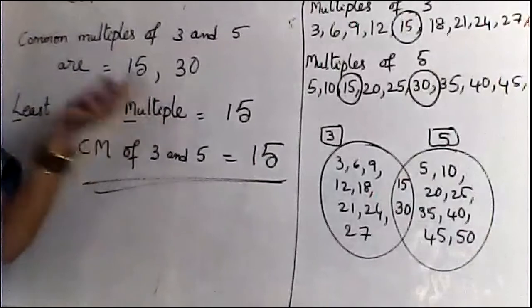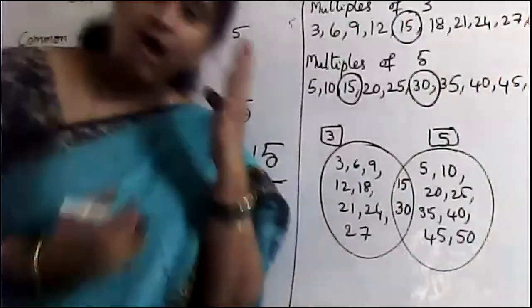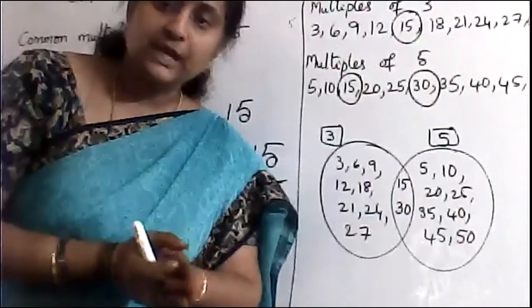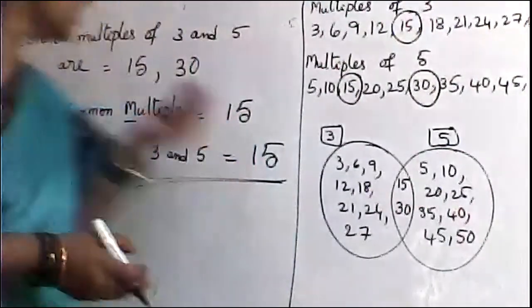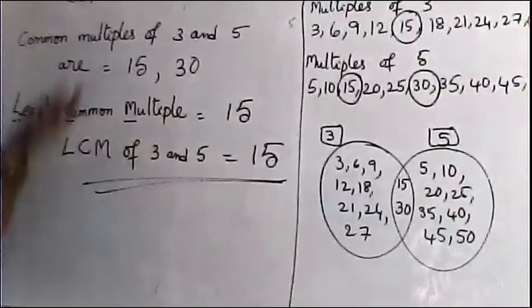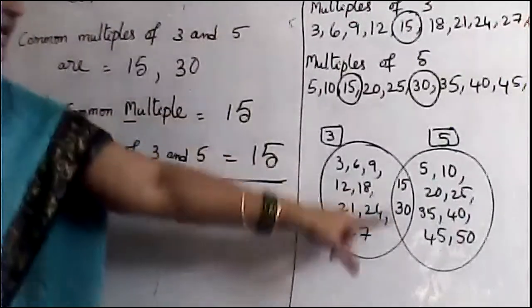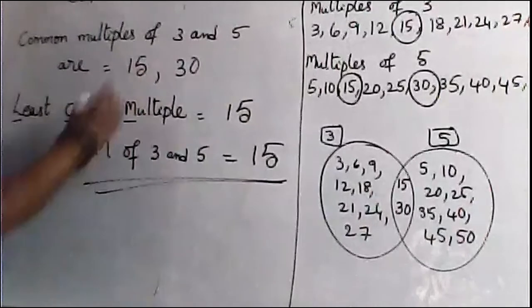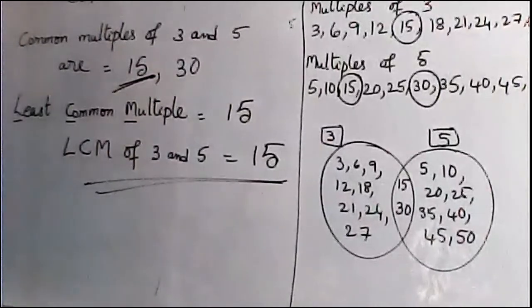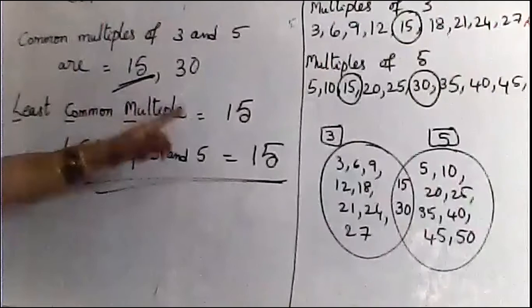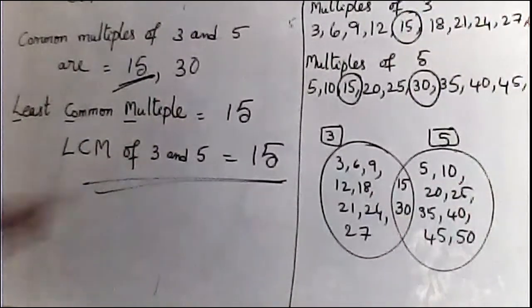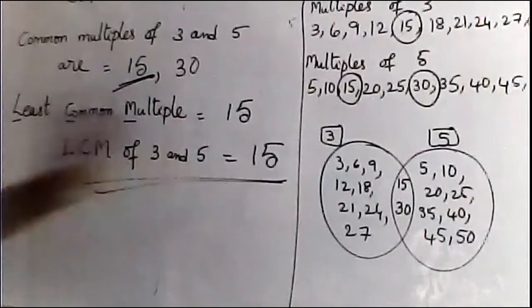Least common multiple means first we have to find all common multiples, and from that, you have to collect the least number. The common multiples of 3 and 5 are 15 and 30. In these two, the least number is 15. So the least common multiple of 3 and 5 is 15.